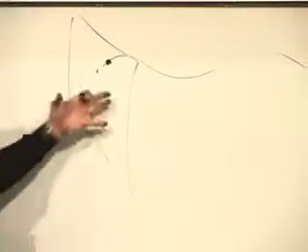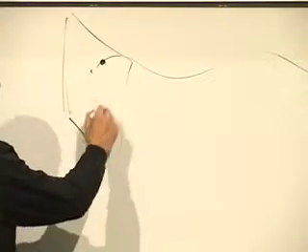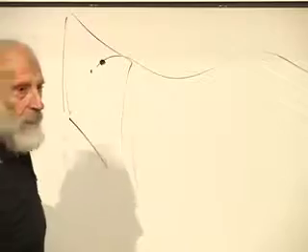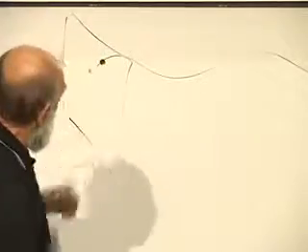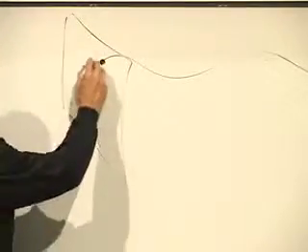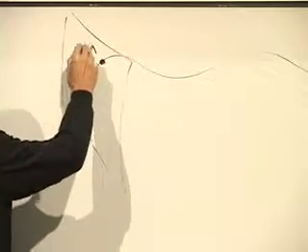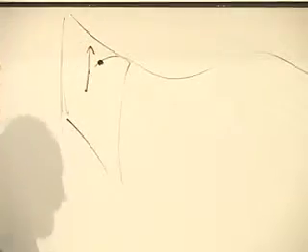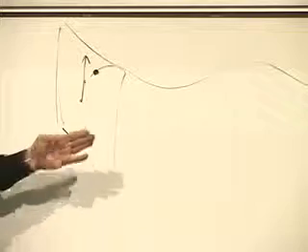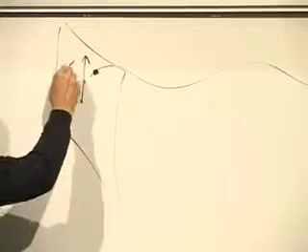Okay? Now, that means that the actual configuration of the string is described by two fields, one of which can be thought of as the y component, and the other could be thought of as the z component, or we could just call them phi 1 and phi 2.